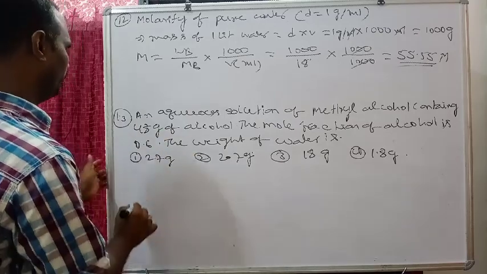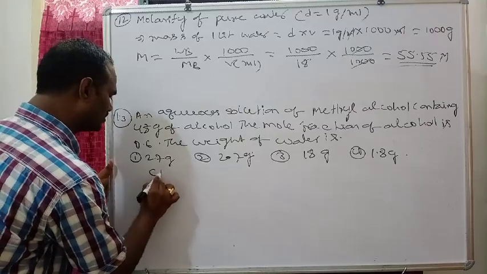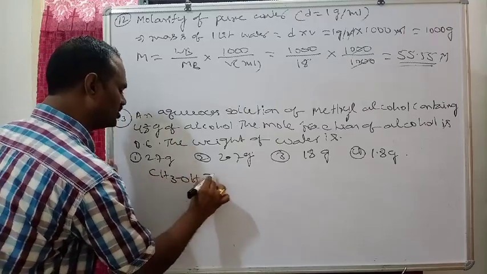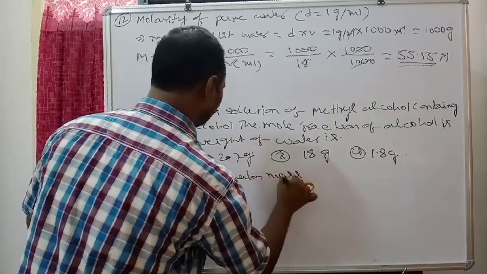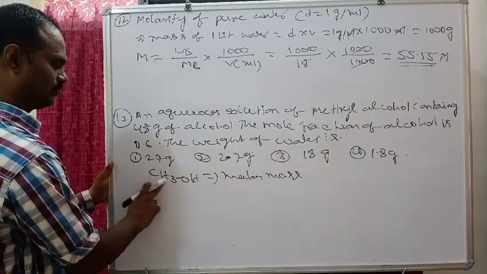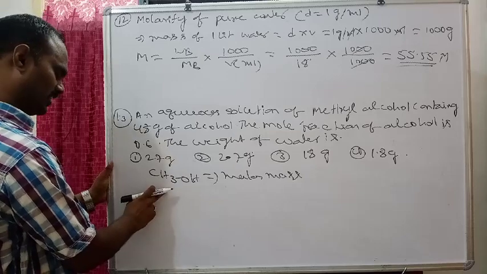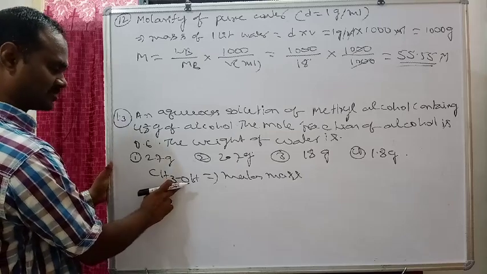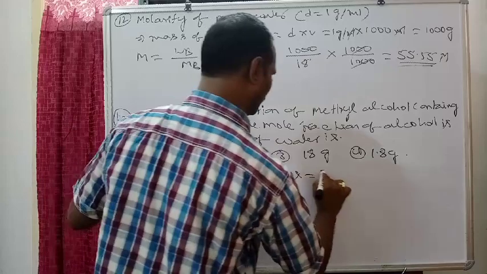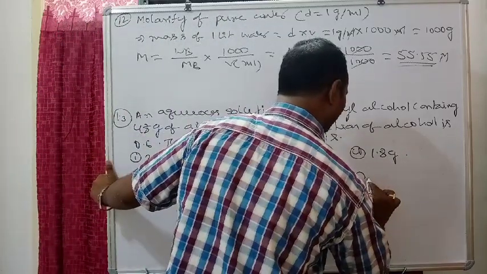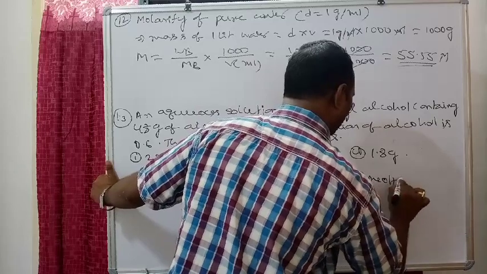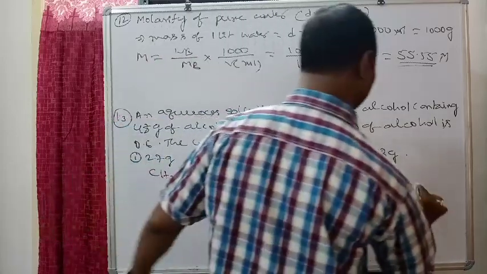First, methyl alcohol CH3OH, its molar mass, how much, sir? 1 carbon 12 plus 4 hydrogen 4, 12 plus 4 is 16, plus oxygen 16, 32. Molar mass is 32. From this, number of moles of methyl alcohol, MeOH, how much, sir?